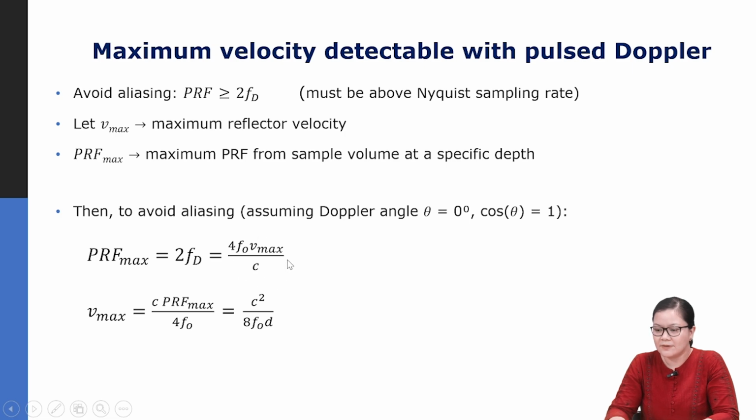Rearranging this equation to isolate Vmax, Vmax will equal the sound speed times the max pulse repetition frequency, over 4 times the transmit frequency, f0. That will equal the square of the sound speed divided by 8 times the transmit frequency and the depth of that location. The Vmax will vary depending on where you are in that beam line, which depth you are at.